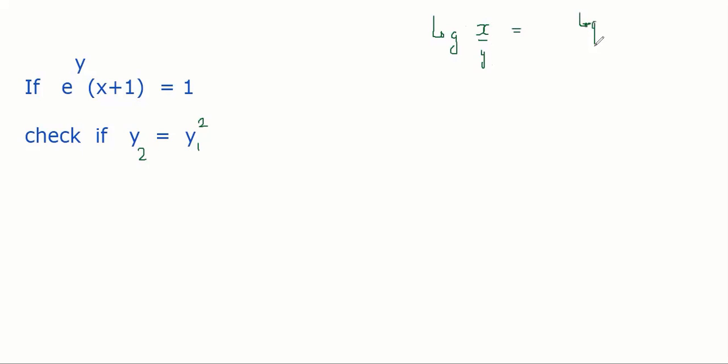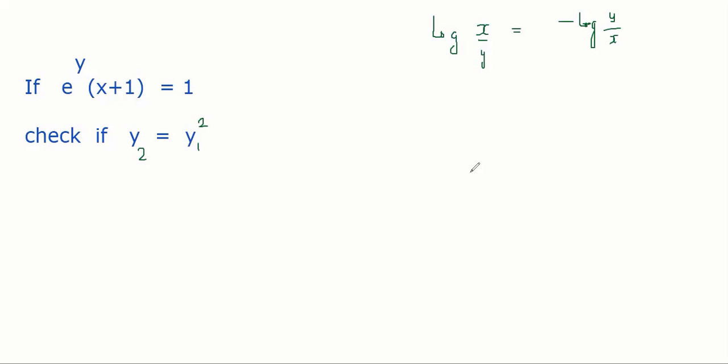Only sign will change. Log of x by y is nothing but minus of log of y by x. You can always reciprocal the parameter, because reciprocal means you're doing 1 divided by. So you can always do that.